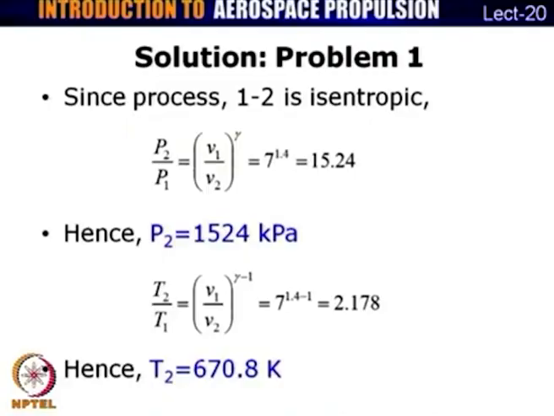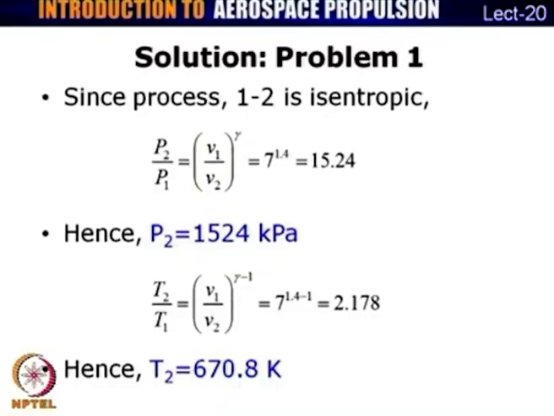Now, we know that process 1-2 is isentropic, compression is taking place isentropically, and therefore, for any isentropic process, we already know that P v raised to gamma is a constant, and therefore, we have P2 by P1 is equal to V1 by V2 raised to gamma. Now, compression ratio, that is V1 by V2, has been specified, it is given as 7, and therefore, we can calculate this ratio P2 by P1 from the compression ratio.